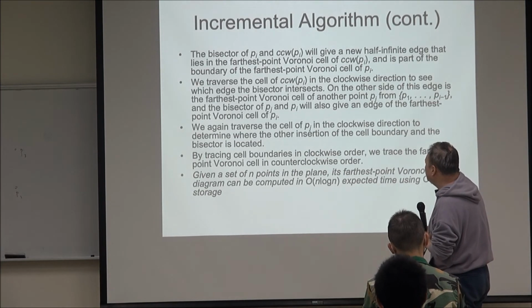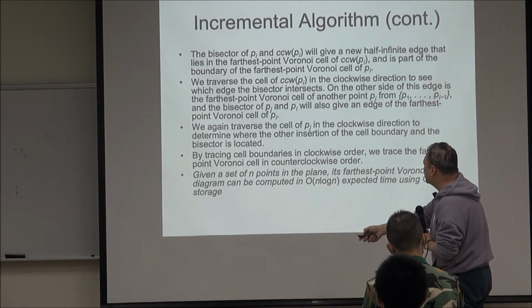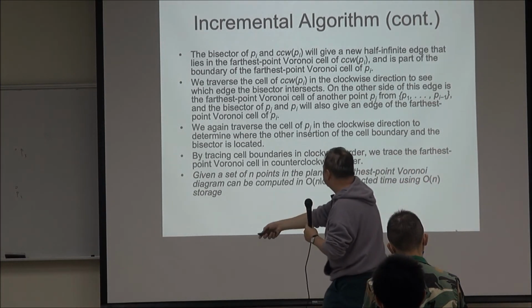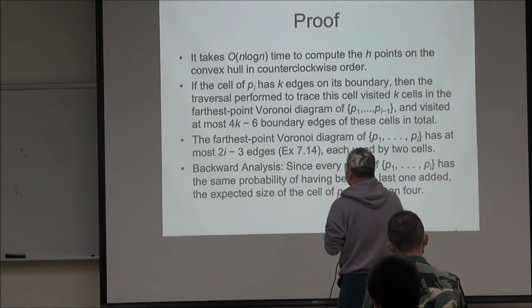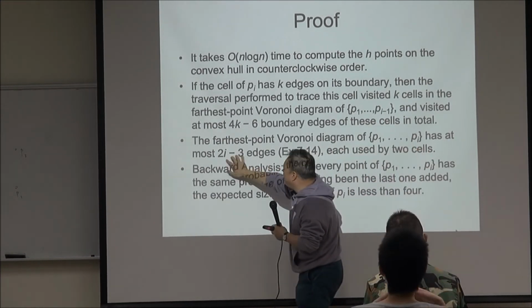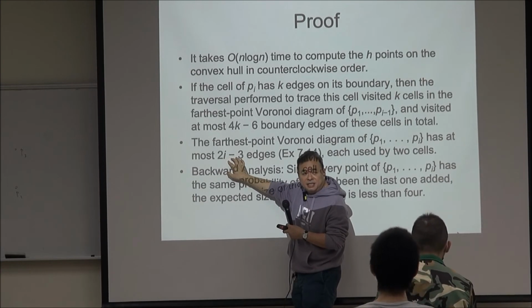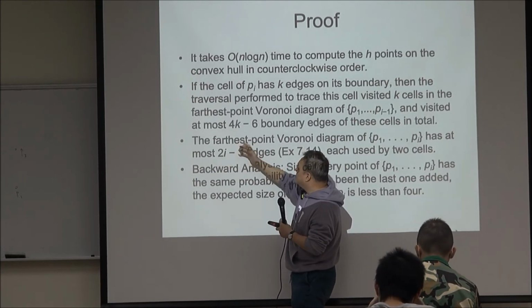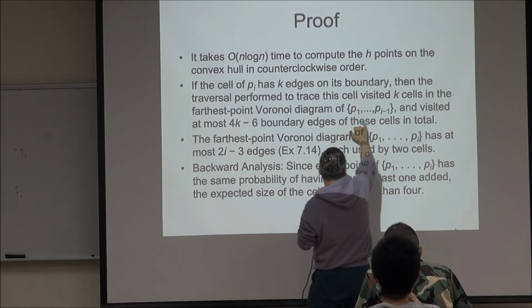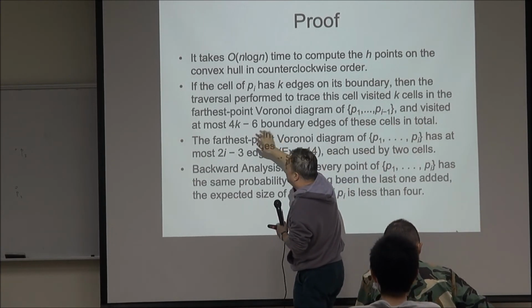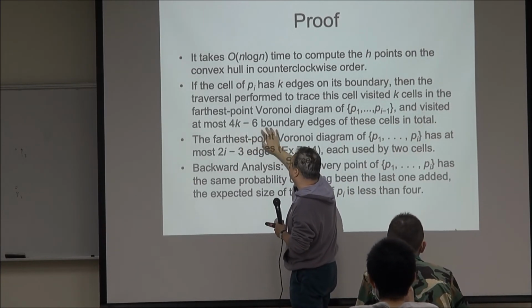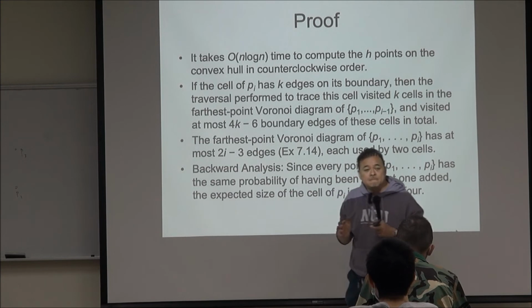Which means what? Because we have at most 2i minus 3 edges, the digging of each one can visit at most 2k minus 6 boundaries, right?